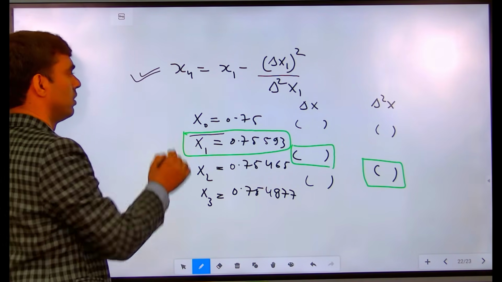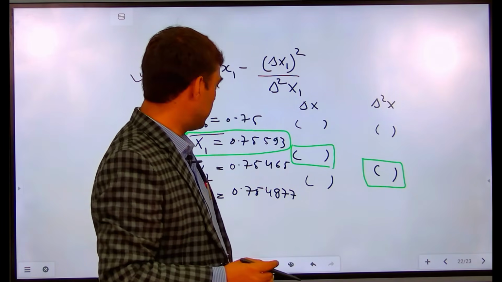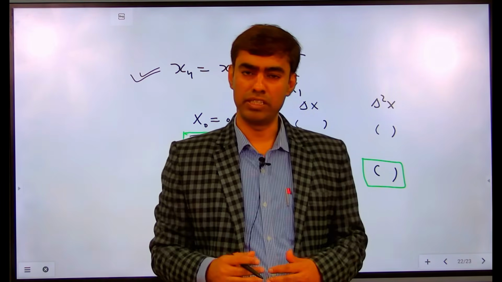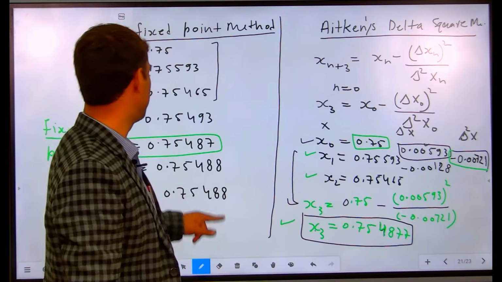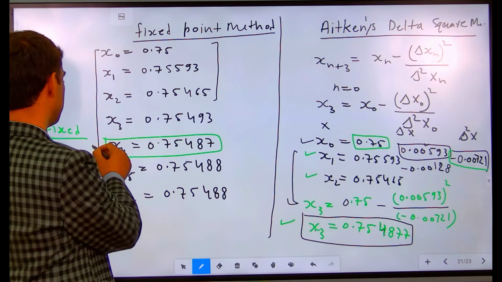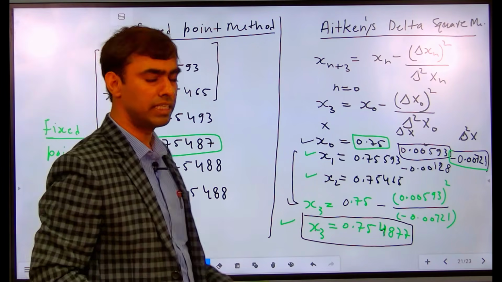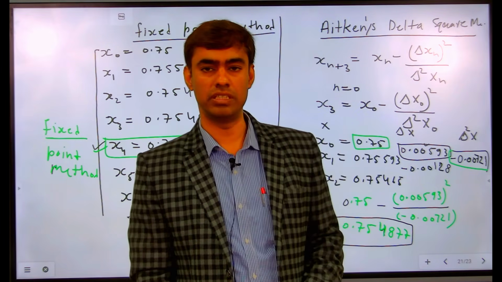So in the same way we proceed in Aitken's delta square method in order to reduce the number of iterations. Obviously the number of iterations reduces because in the fixed point method the same level of accuracy is obtained in the fourth iteration, but using Aitken's delta square method we obtain it in the third iteration.